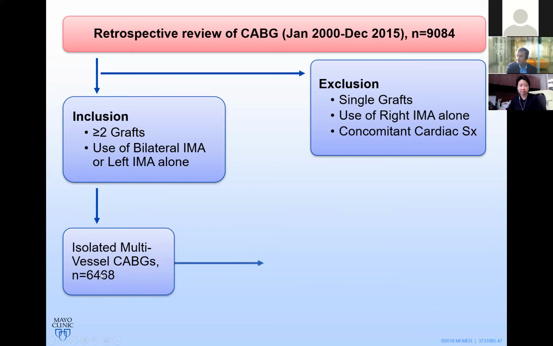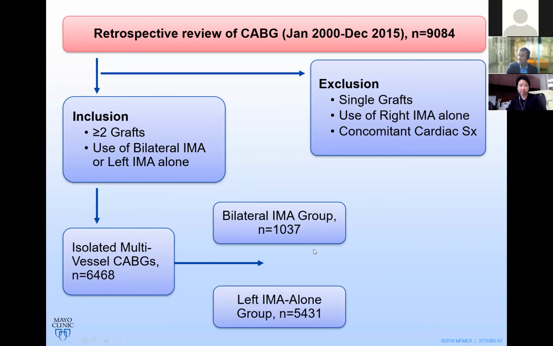That's a huge number. Of them, around 1,000 patients received the bilateral IMA, and around 5,500 patients received the single left IMA. Now, there's a definite bias there. I mean, the bias does not exclude our surgical community here. It might have been possible that these bilateral IMA patients would have had a lower risk profile.